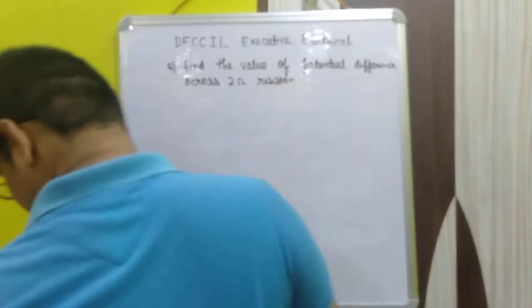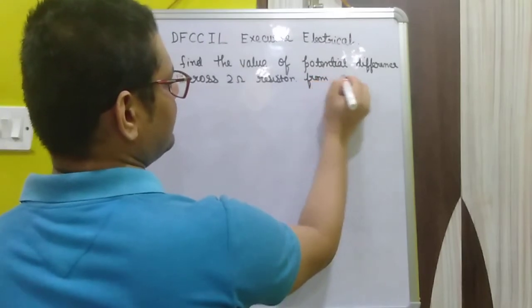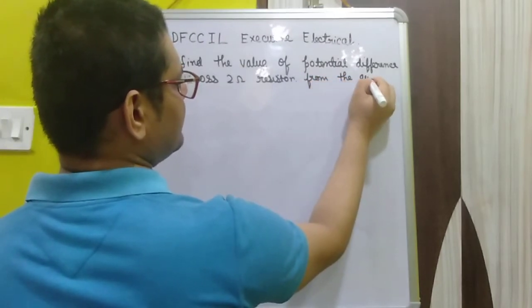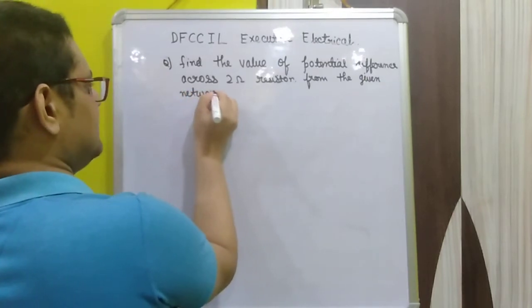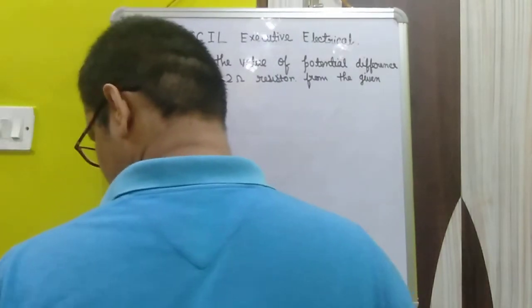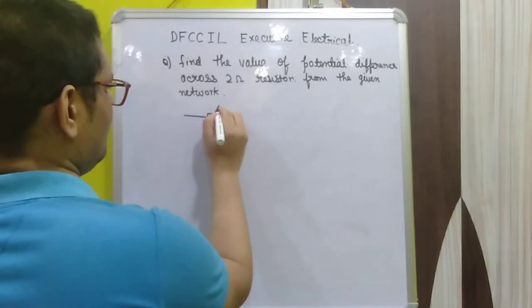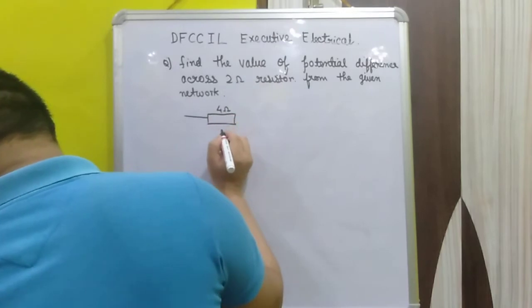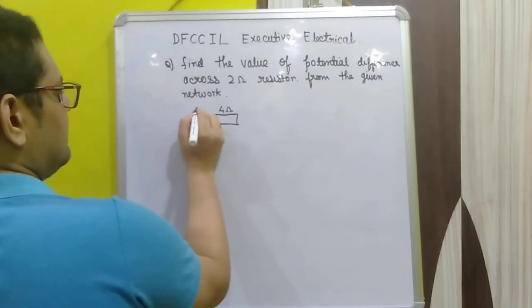So here is the circuit given below from the given network. In the circuit diagram, this is a 4 ohm resistance, and here is the current I1.